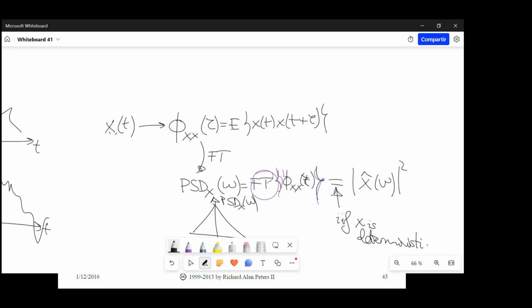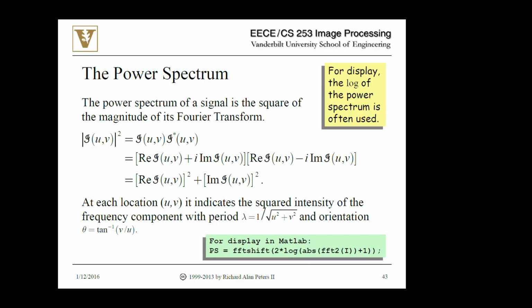You may remember that. So here we have the same. The power spectrum of an image, assuming it is deterministic, is the Fourier transform of the image squared.